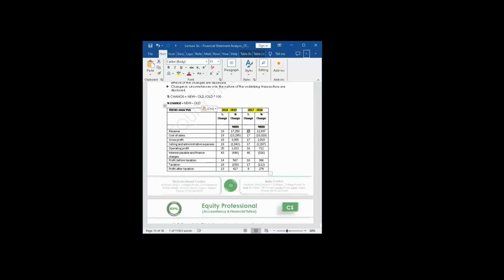So then you have to know how to comment. I think we have made the comment on trend analysis earlier. Let me see if I can see it. Yes, we have done that earlier.